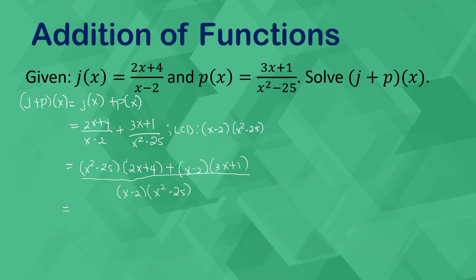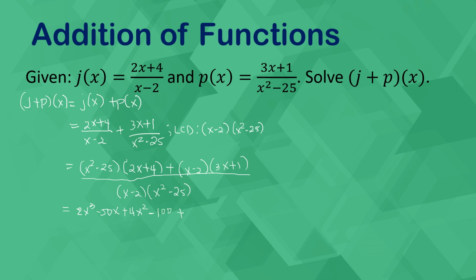For this part, we have x squared minus 25 and 2x plus 4. So x squared times 2x is 2x cubed. Negative 25 times 2x is negative 50x. X squared times 4 is positive 4x squared. And negative 25 times 4 is negative 100.